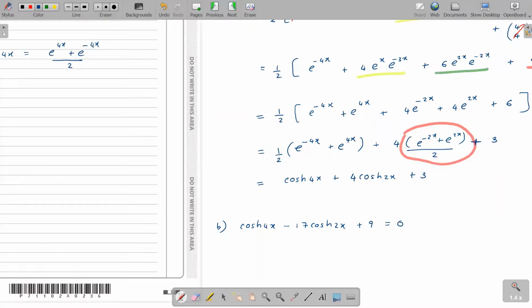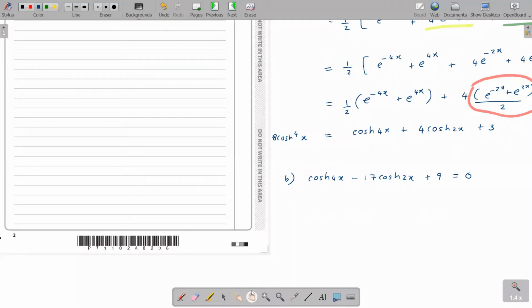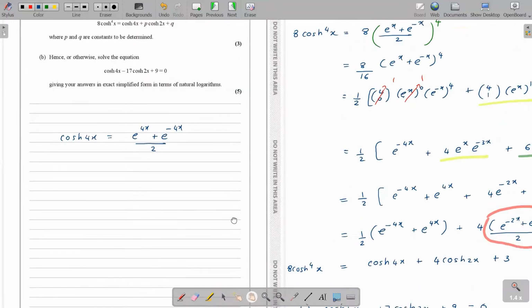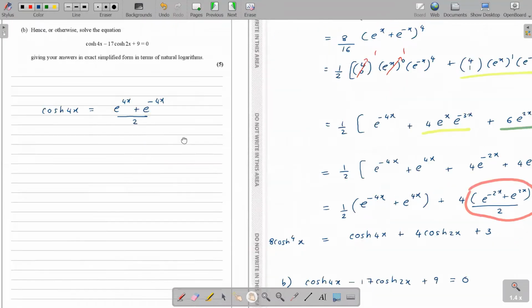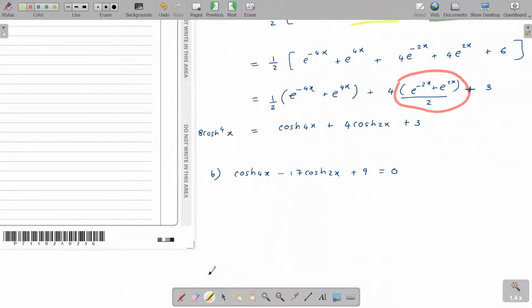Okay. So now thinking about what we have proved earlier, can you all tell me how I can use the help of the previous part to get the answer here? To solve this particular equation, you can see we have cos 4x here. So since they have said the word hence, using the equation which we proved in part A, we can get a substitution for cos 4x.